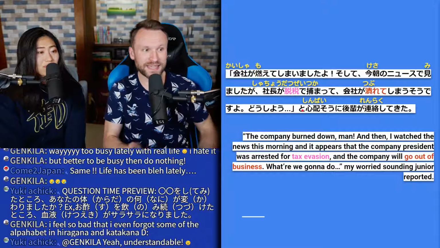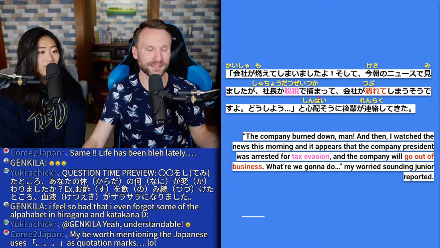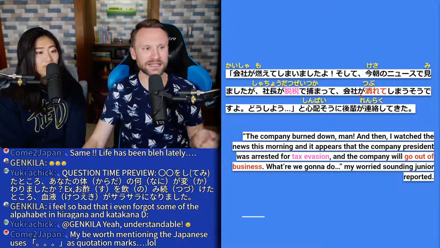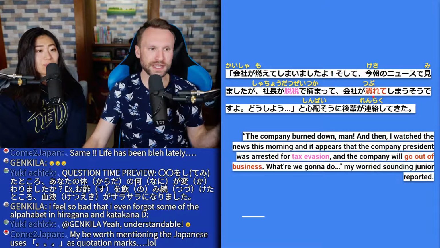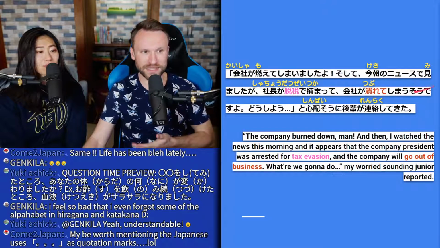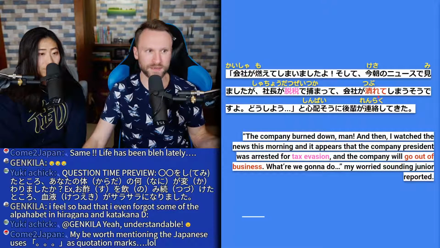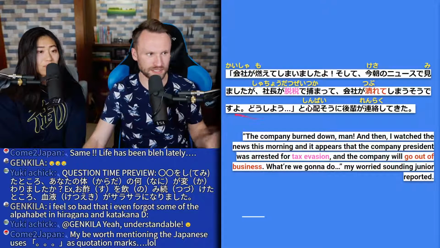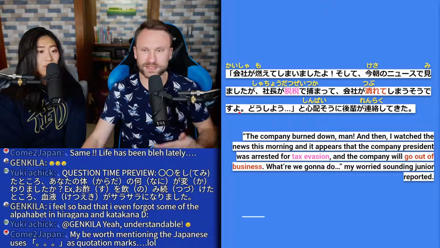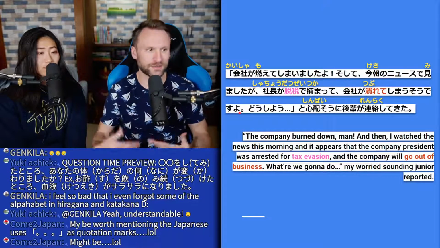So via tax evasion, he was caught. And 会社が, so the company, it's the subject, 潰れてしまうそう. So it appears that, that's そうです. The company is going to go bankrupt or go out of business. 潰れてしまうそうですよ. So that ですよ is added new information for the listener.